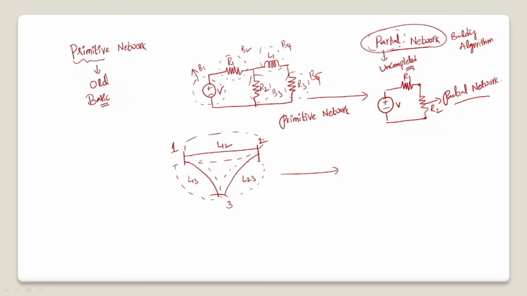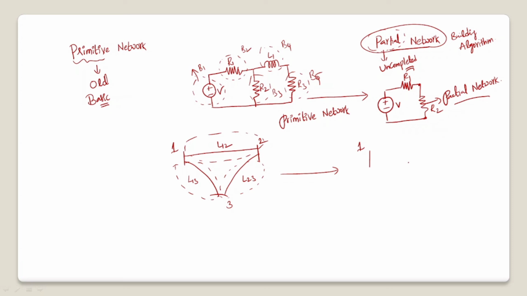Here there are three lines between buses 1, 2 and 3. In obtaining bus impedance using the building algorithm, we add each and every element one at a time until the complete power system network is obtained.